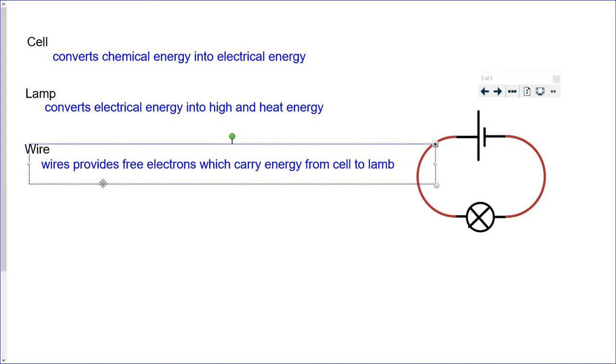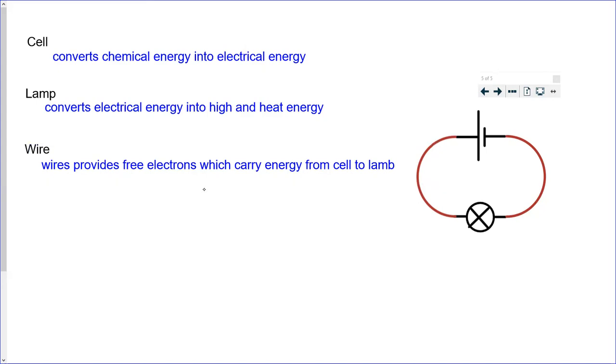Same happens here. Electrons flow in this circuit. How do they flow? They start their journey from the negative terminal and reach the lamp, where they unload the energy, not the luggage. Here our luggage is actually the energy.